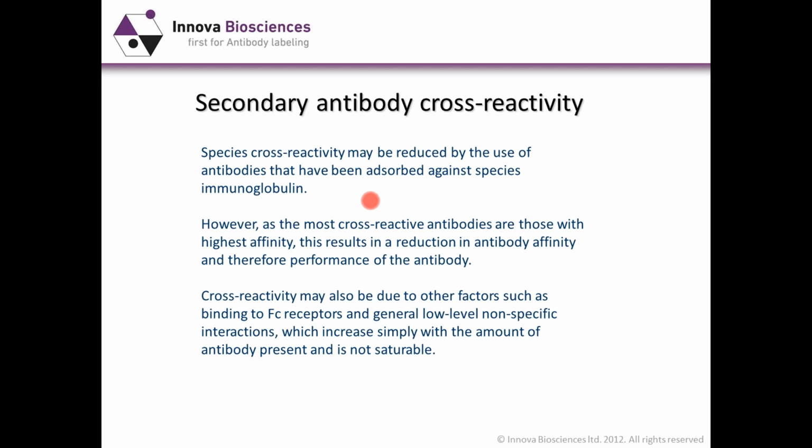However, most of the cross-reactive antibodies are those with highest affinity, and this results in a reduction in antibody affinity and therefore performance of the antibody. So, for instance, the titer of an antibody that has been absorbed against the species immunoglobulin can be significantly reduced compared to your standard secondary antibody.